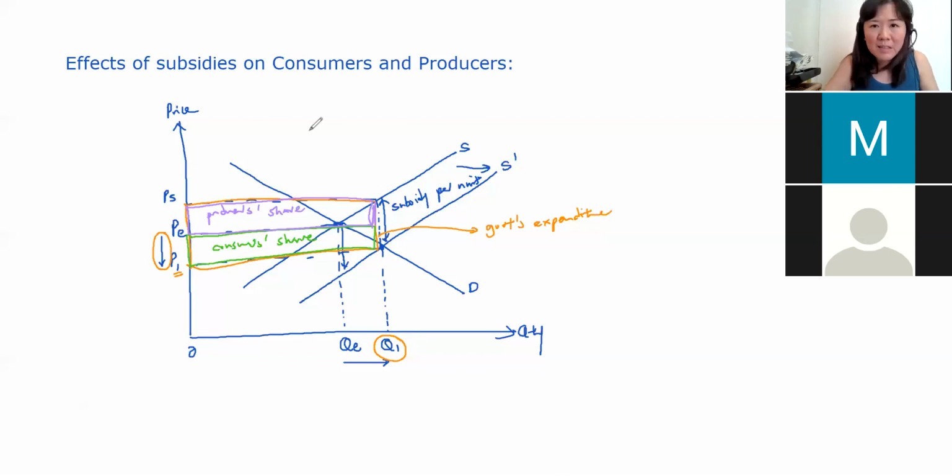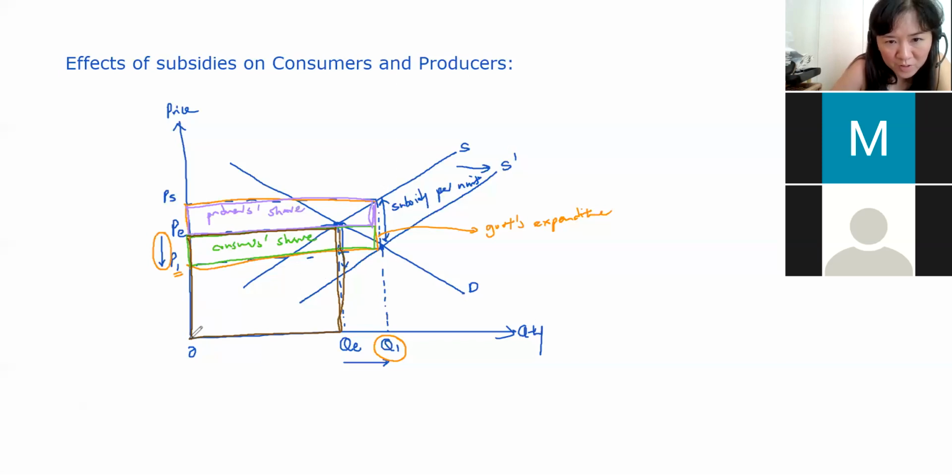Okay, so what happens is this. As you can see, producers, prior to the imposition of subsidies, what they get to generate, let me just do this. So this was the producers' initial total revenue.